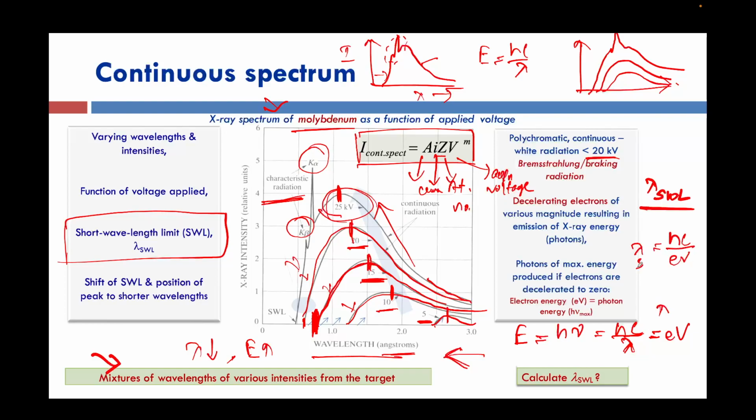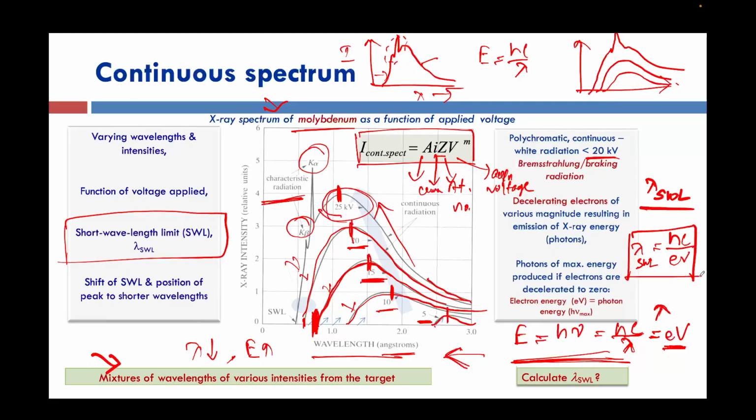So lambda SWL. Why am I equating these two? Because only when the entire energy, that is eV, is given to the anode material, that is the maximum energy, and at that point only we get lambda SWL, the short wavelength limit.